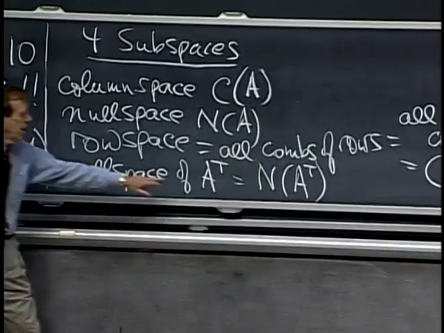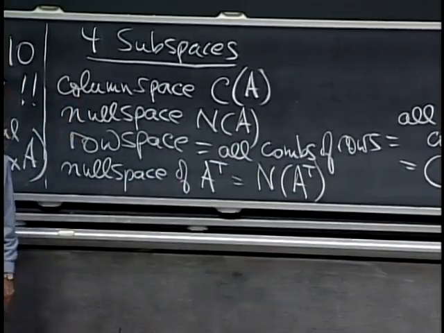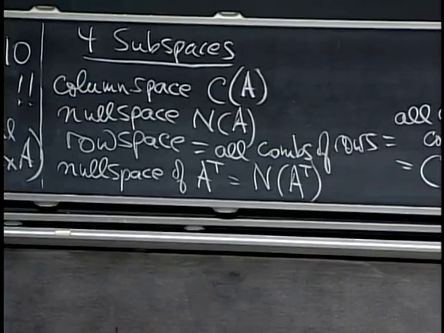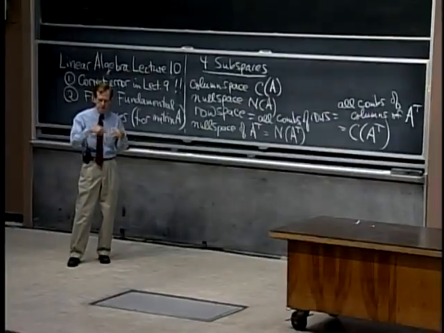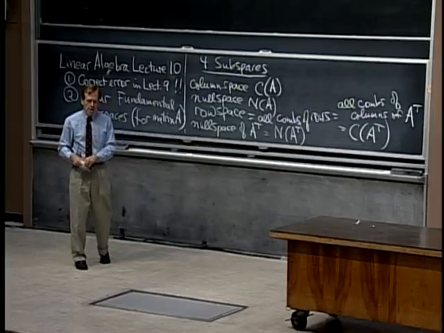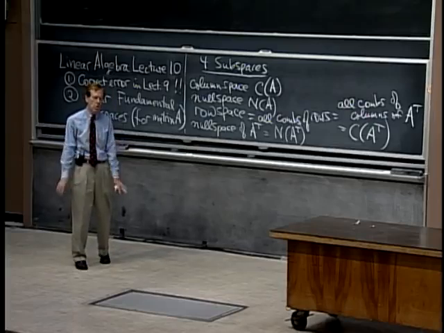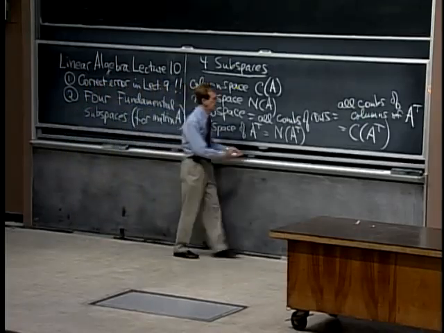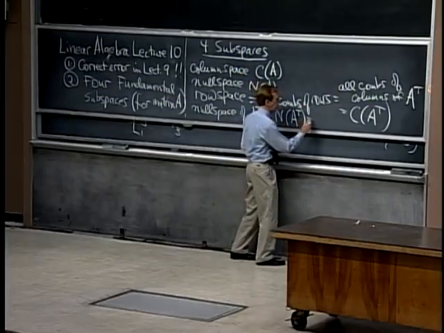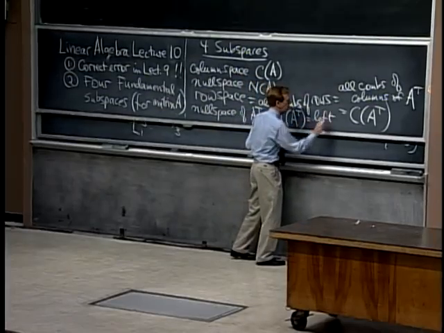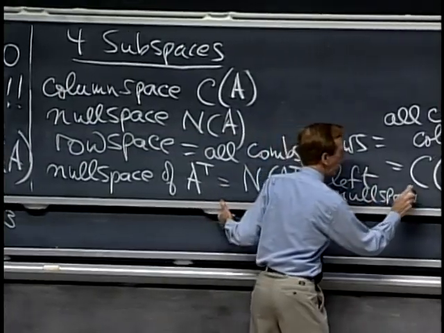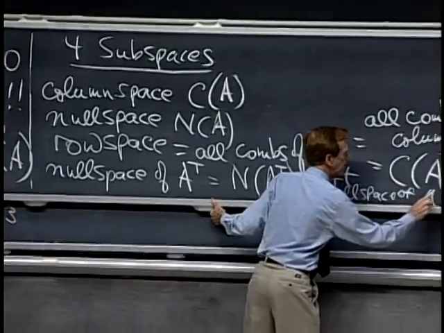We don't have a perfect name for this space as connecting with A, but our usual name is the left null space, and I'll show you why in a moment. So often I call this the left null space of A.